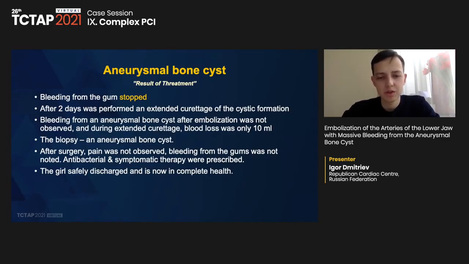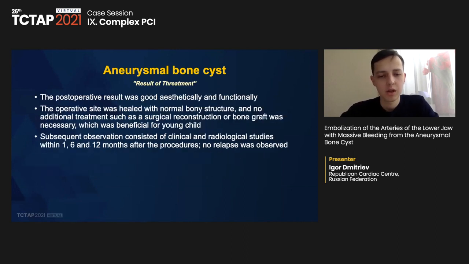The girl was safely discharged and is now in completely good health. The postoperative result was good aesthetically and functionally. The operative site healed with normal bone structure, and no additional treatments such as surgical reconstruction or bone graft were necessary, which was beneficial for a young child.